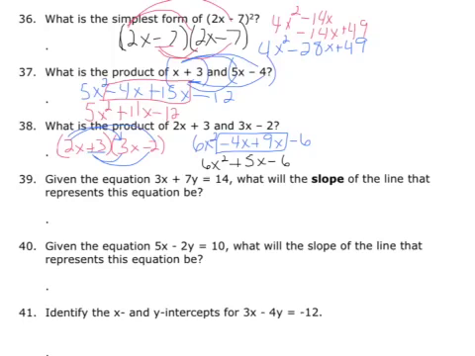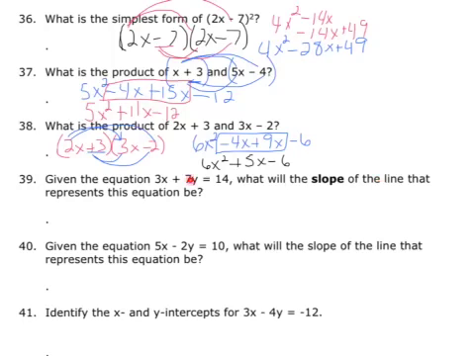39. Given the equation 3x plus 7y equals 14, what is the slope of the line that represents this equation? Okay, so we need to find the slope. And the slope is found when we use slope-intercept form, which is y equals mx plus b.